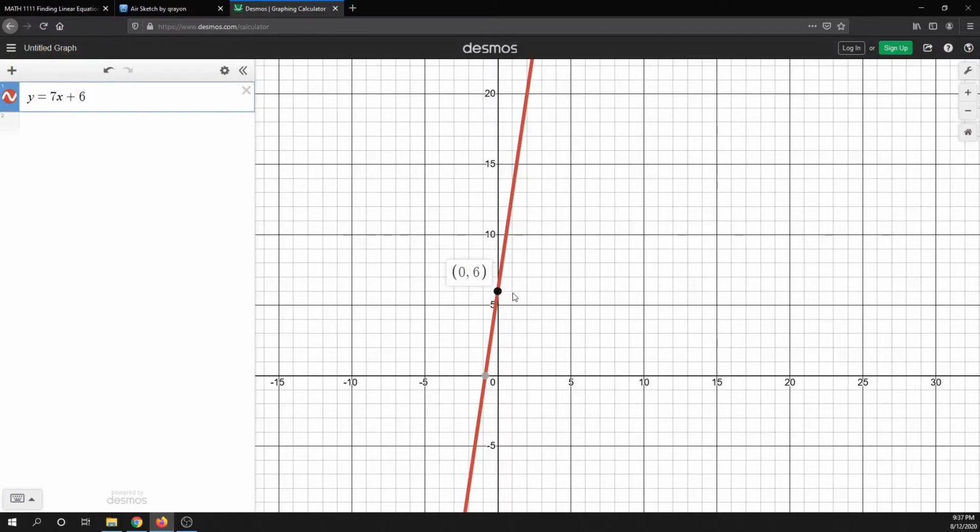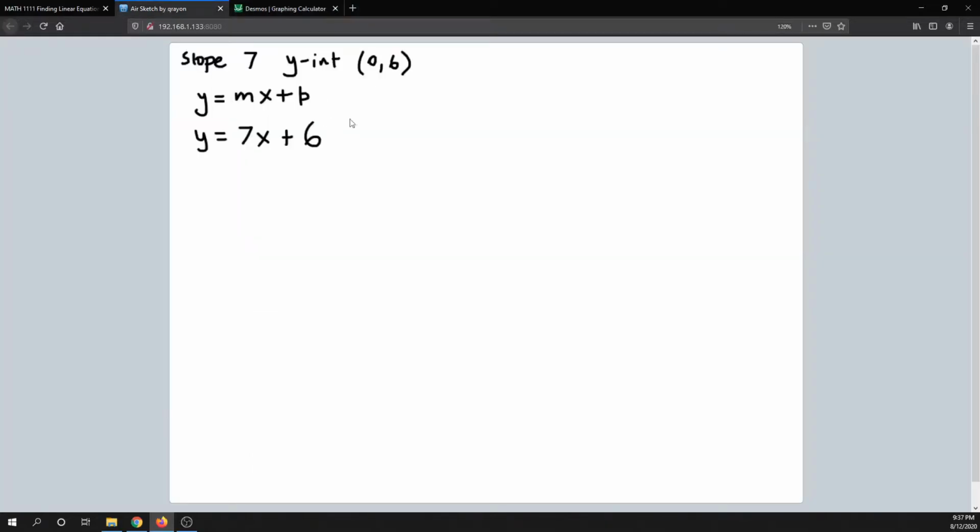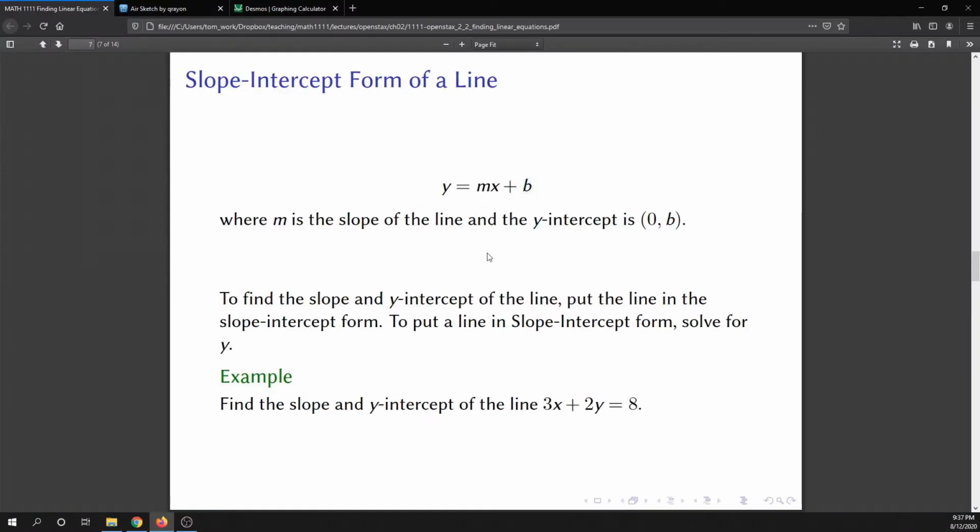So if you went over 1 and then up 7, 1, 2, 3, 4, 5, 6, 7, you would find another point on the line there, (1, 13). So given the slope and the intercept, it's very easy to find an equation of a line using the slope-intercept form.